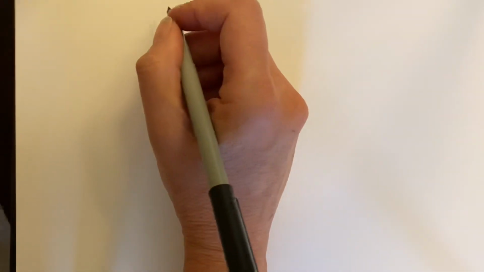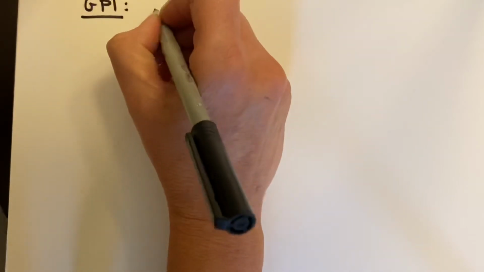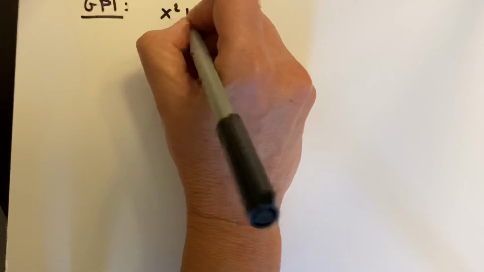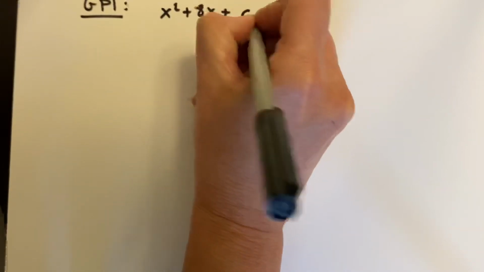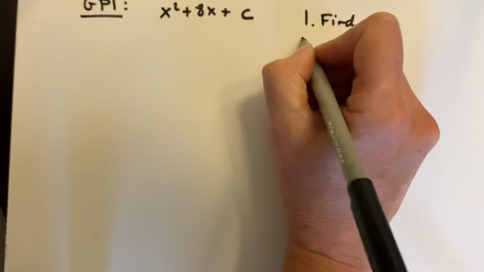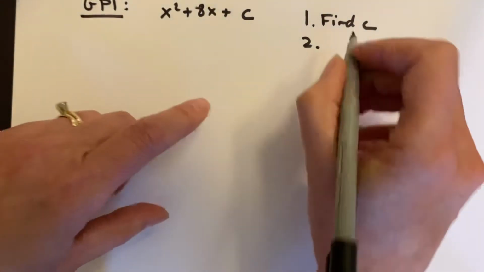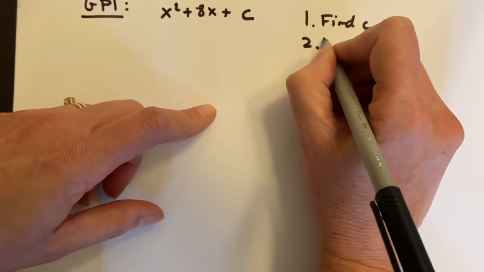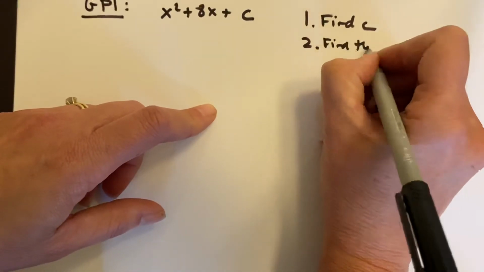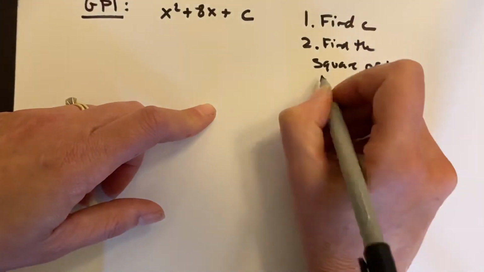Hold on a second, I wrote it too high and it's not appearing. So let's look at guided practice 1. X squared plus 8x plus C. Your first question is find C. And the second one is write the square of the binomial.